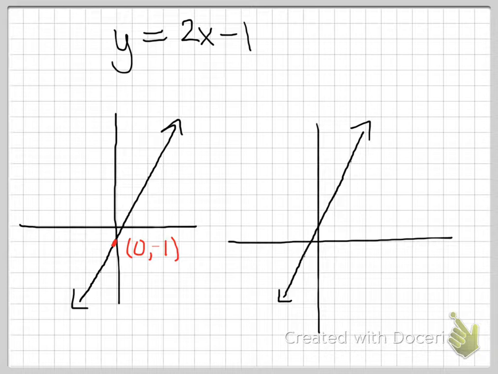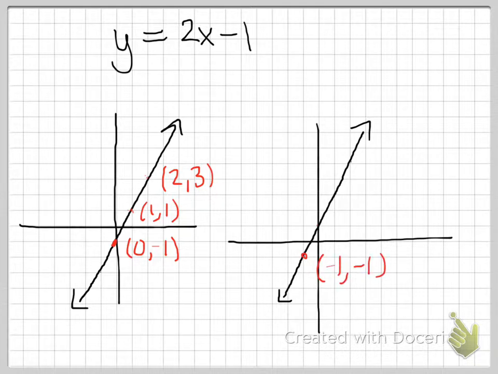And then, let's see, this ordered pair right here is 1, 1. This ordered pair is 2, 3. And let's name some here. This ordered pair is -1, -1.